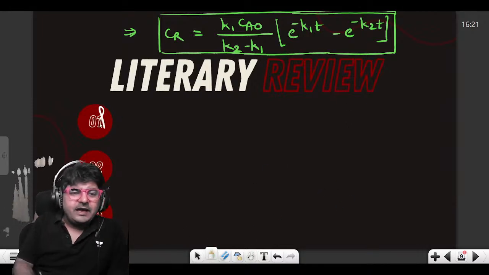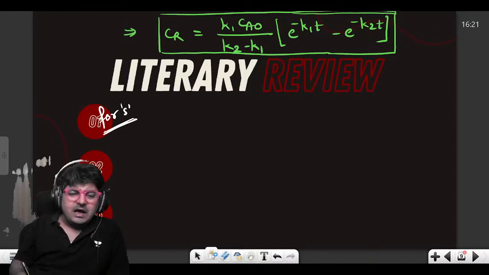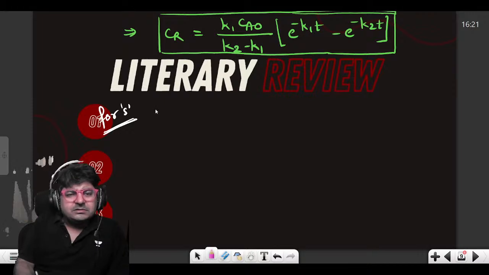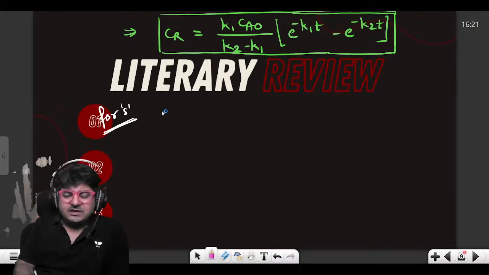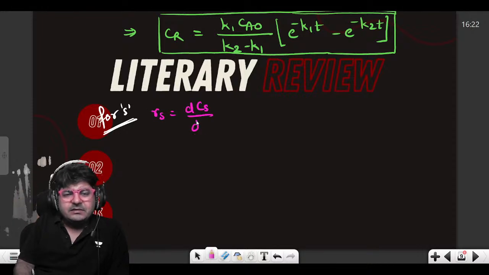Now similarly for S, if you want, you have two ways. Either you can use the kinetic equation approach, the differential equation approach. That is, the rate of S is dCs by dt, which is equal to K2 CR.